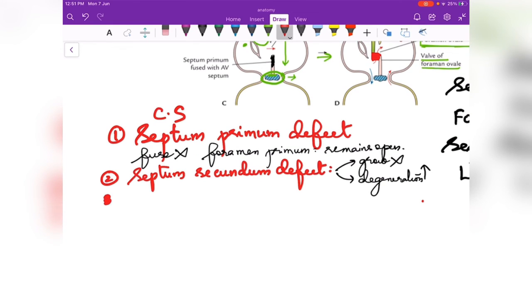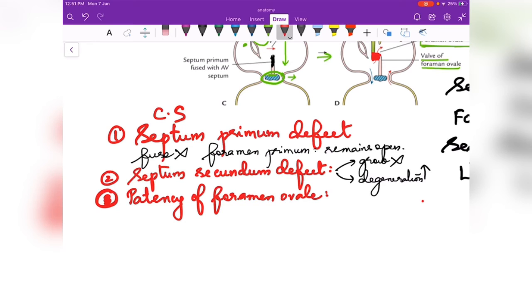The third one is the patency of the foramen ovale. Sometimes we can see this long after birth. I said the foramen ovale closes after birth when the pulmonary circulation is established. Even after that, there is a physiological closure: functionally the shunt is not present, but anatomically the foramen ovale remains open.